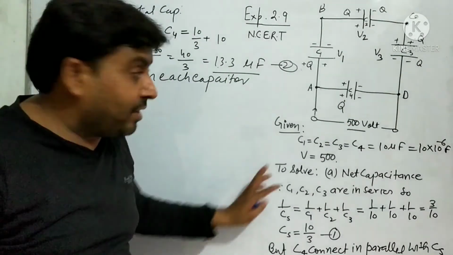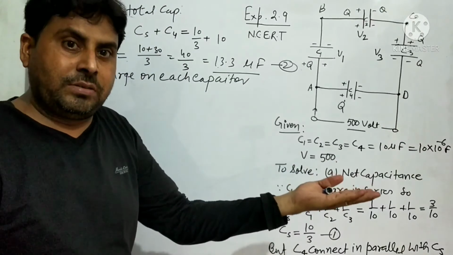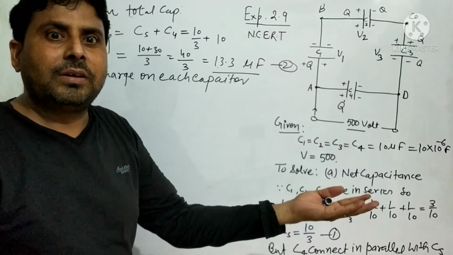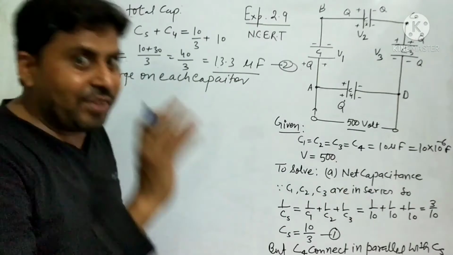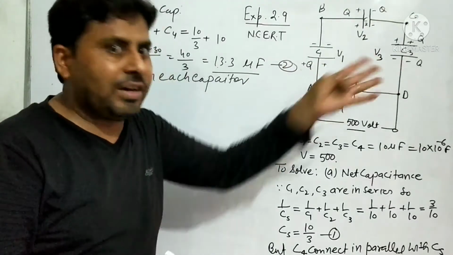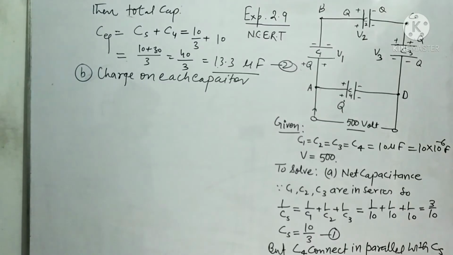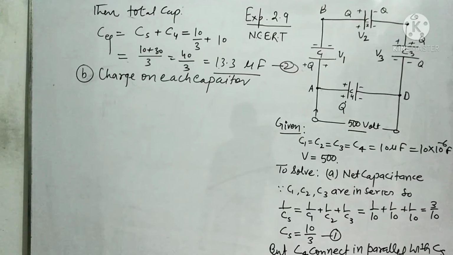So dear student, V1, V2, V3 means potential difference remains different. Then we have to determine the potential difference also. He is asking charge, but we have to find the potential difference also. Is it clear? So I would like to find the potential difference across C1, C2 and C3.